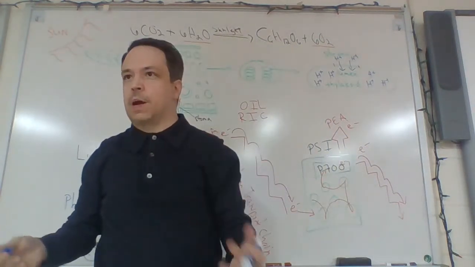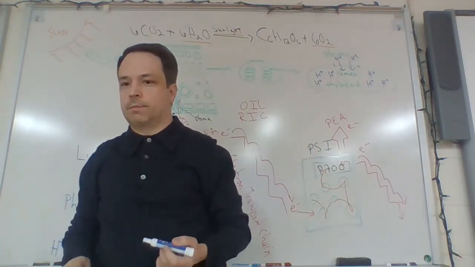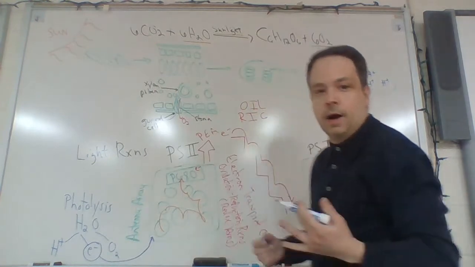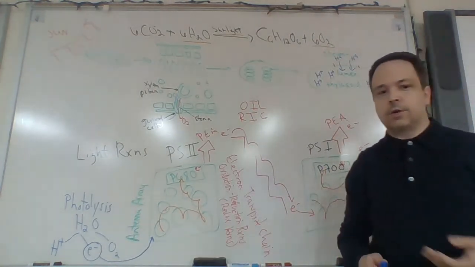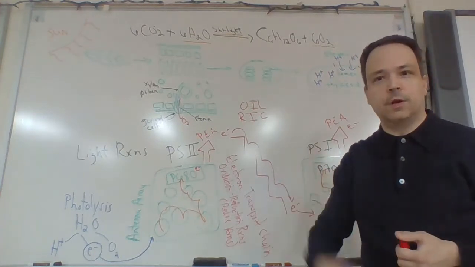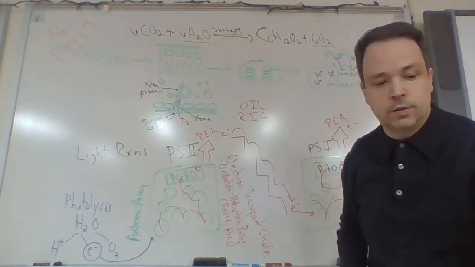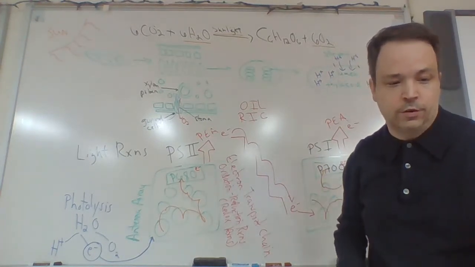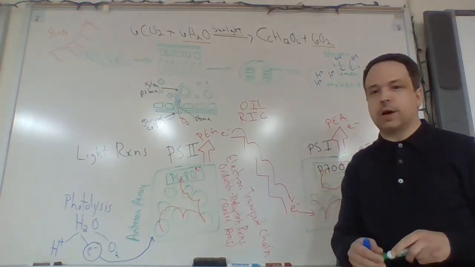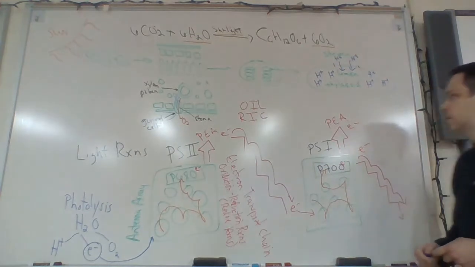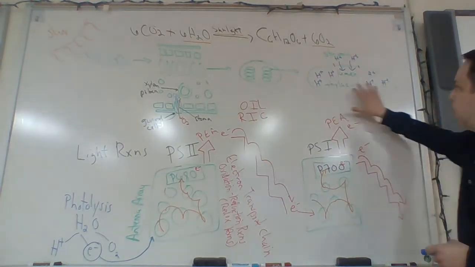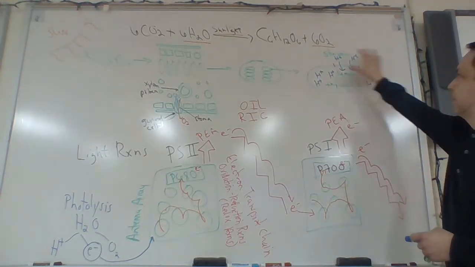Well, we already know from a previous unit that when we have a high concentration of something in one area, it's going to eventually want to diffuse, right? Things tend to go from areas of high concentration to areas of low concentration. Diffusion. So we're building up all these hydrogen ions in here.